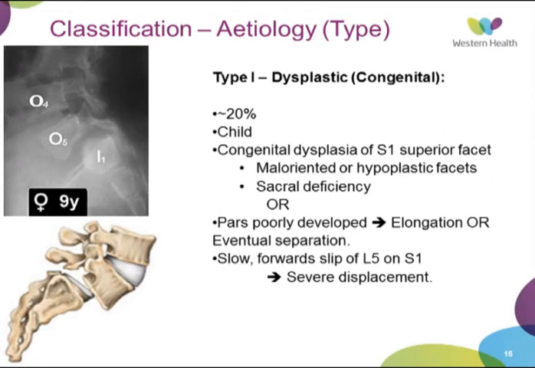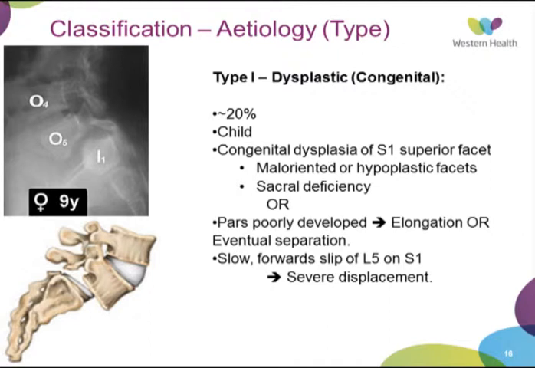So in type 1, or the dysplastic, the incidence is around 20% of spondylolisthesis. It occurs in children. There are a few ways this can happen. You can get congenital dysplasia of the S1 superior facet, where it can be mal-orientated or hypoplastic, with some sacral deficiency as well.